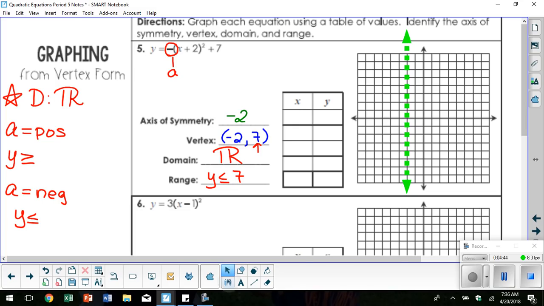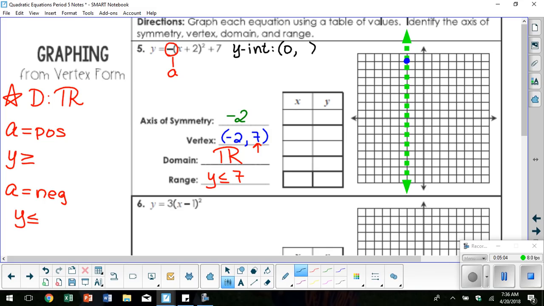Our vertex is at -2, 7. So it's right there. How do we find our y-intercept? Our y-intercept is when x is 0.